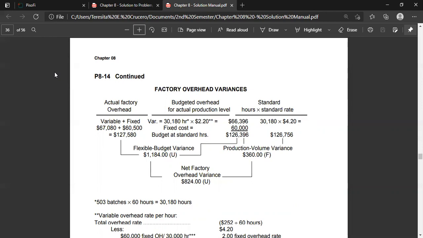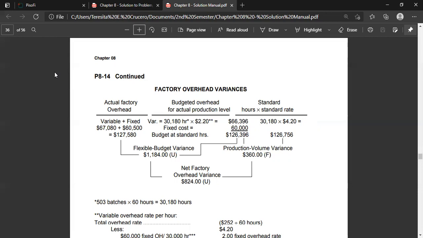So we take your actual factory overhead by adding variable plus fixed, plus the amount of 60,500 to be used as divisor.